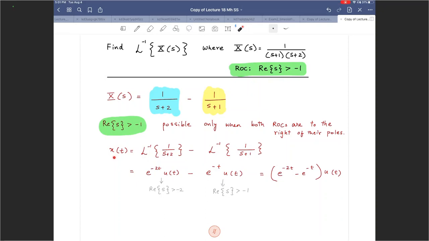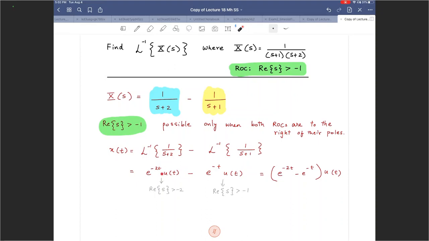Now to find the signal in the time domain, we find the inverse Laplace of 1 divided by s plus 2, minus the inverse Laplace of 1 divided by s plus 1. So 1 divided by s plus 2 is going to be e to the -2t u of t from an earlier result, and for this the region of convergence is the real part of s greater than -2. Now you see what we did. We chose a right-sided signal here because we know from earlier that both of them have to be right-sided in order for this to work out.